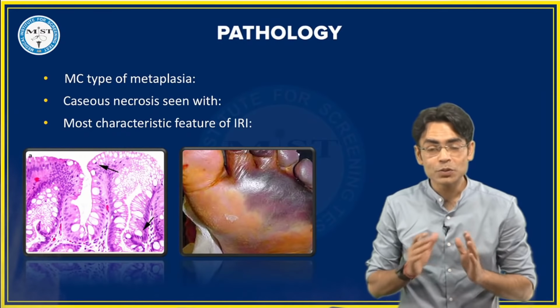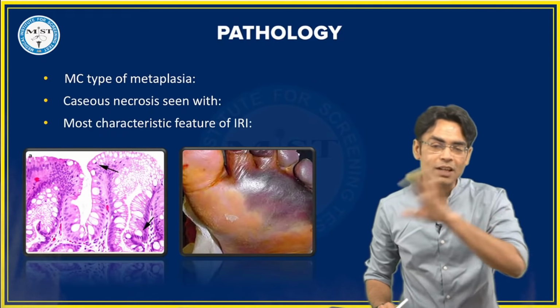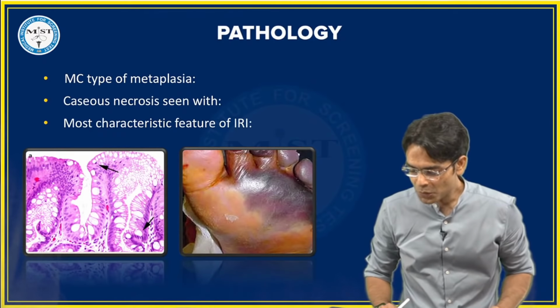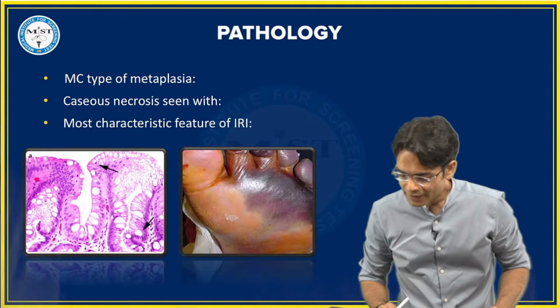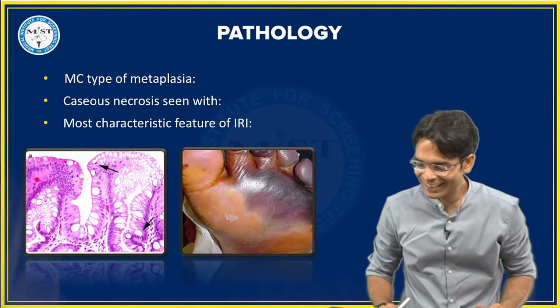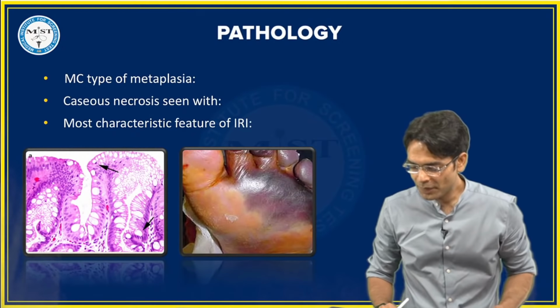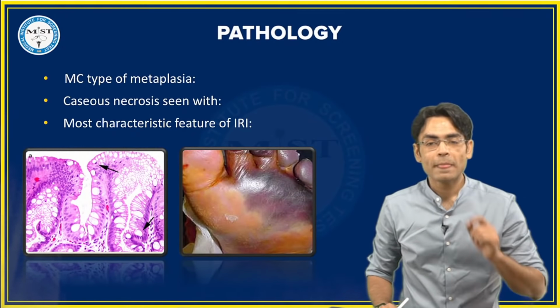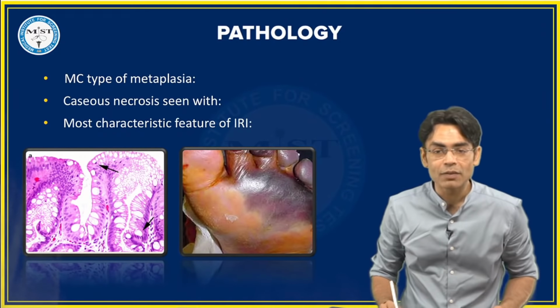I hope you remember what metaplasia is: when one type of adult or mature cell is converting into another type. Sharwan, Sushma, Sujit, Premchand, Vishal, very good. Amazing. Beta, look, the answer you people are giving is right.